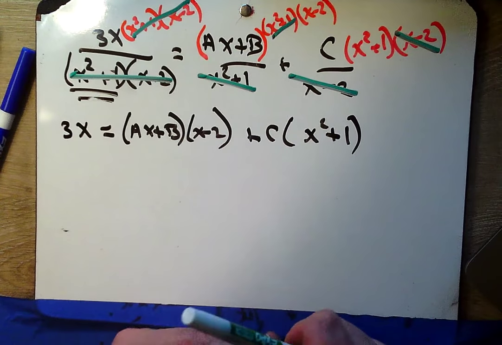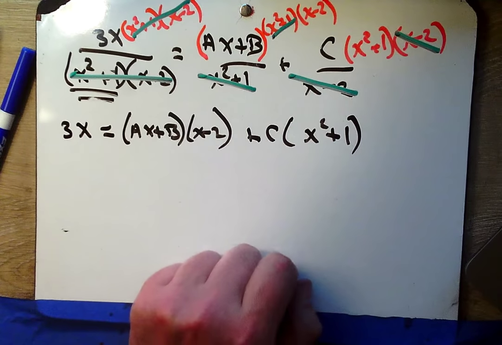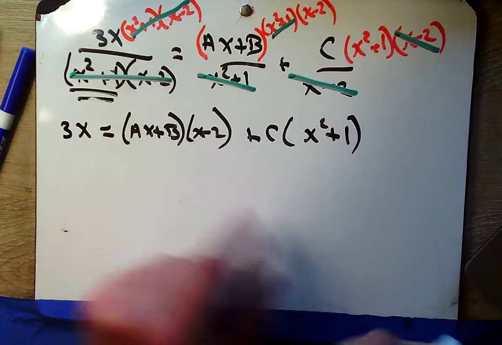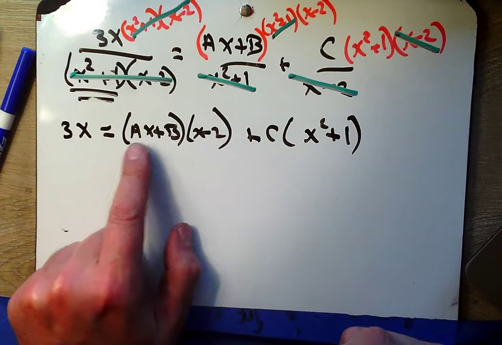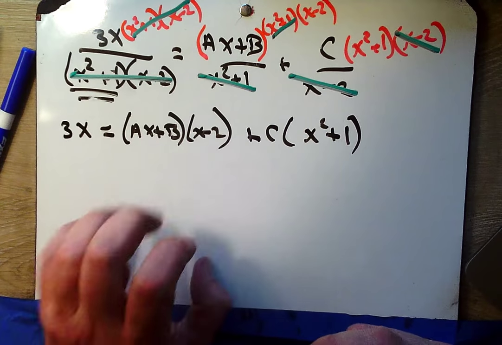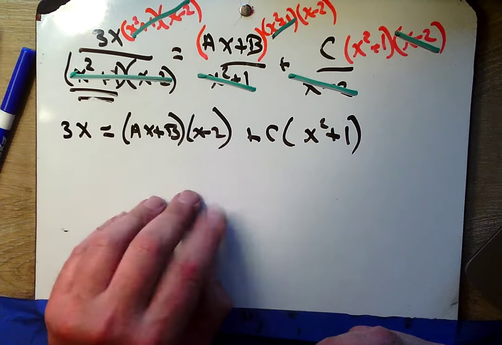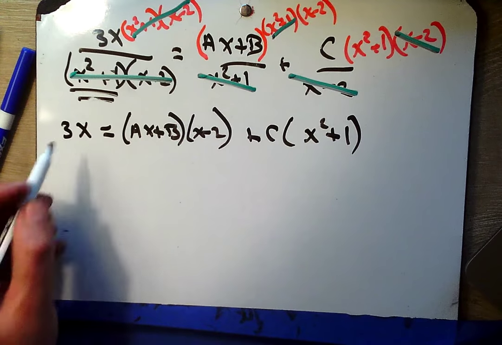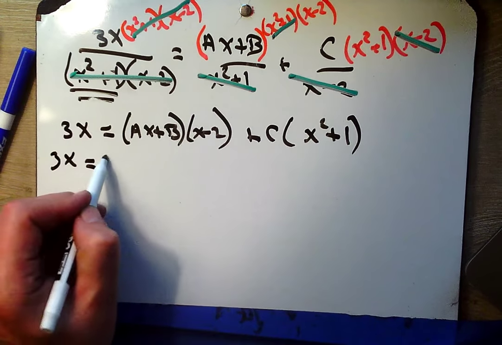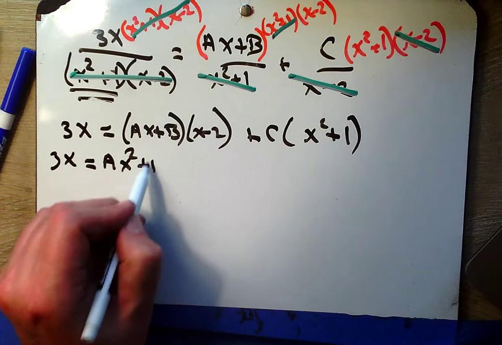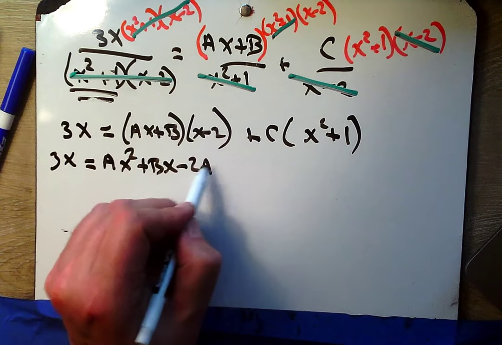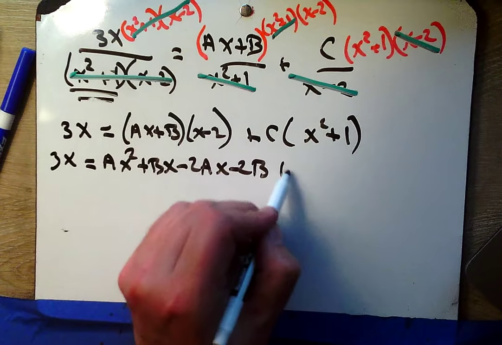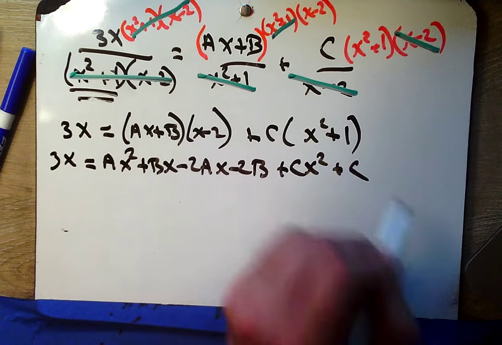All right, I got 3 constants to find, and I've only got 2 magic numbers, 2 and 0. I'm going to try systems. I may regret this. 3x equals Ax squared plus Bx minus 2Ax minus 2B plus Cx squared plus C.